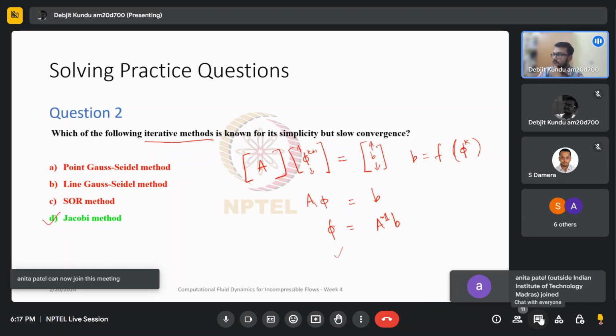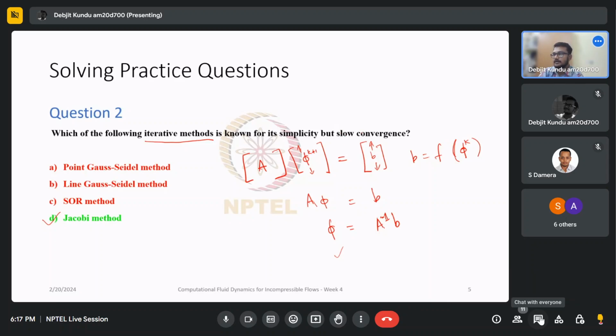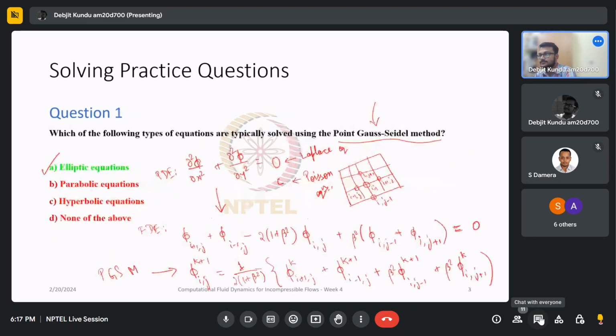So here the problem is this Jacobi method, although it's simple, its rate of convergence is slow, because in the known quantities we only use the quantities whose values we already know. Now, as we saw in the point Gauss-Seidel case in the earlier slide, if I go back, let me use a different color of ink here.